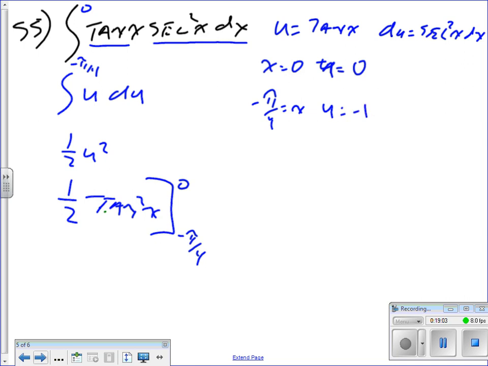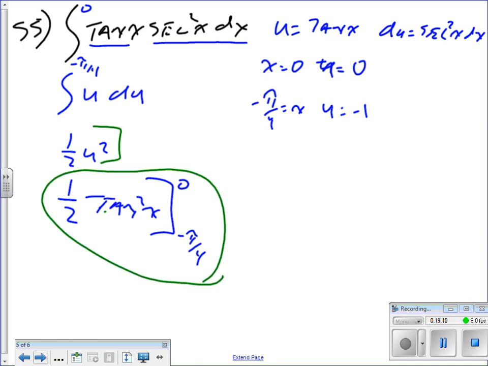So you could either put the originals back in, or change your bounds to negative 1 to 0 and evaluate it that way. Either way works for evaluation.